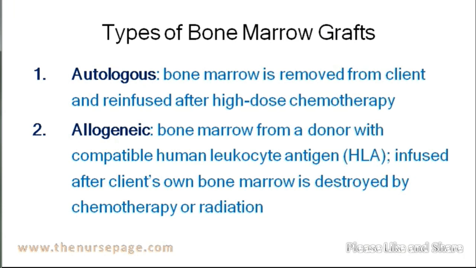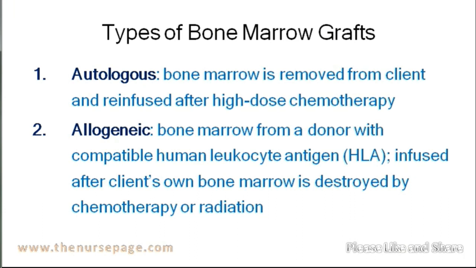Due to heavy chemotherapy and radiation, the bone marrow of the patient gets destroyed. Then the donor bone marrow graft is reinfused to that patient. That is allogenic. Autologous means from the same person. Allogenic means another person.